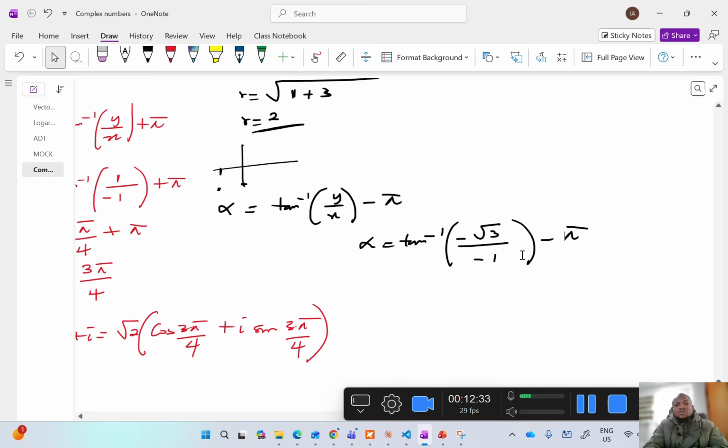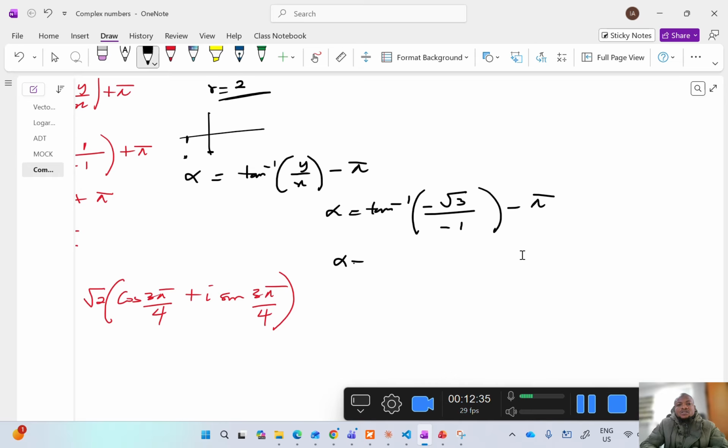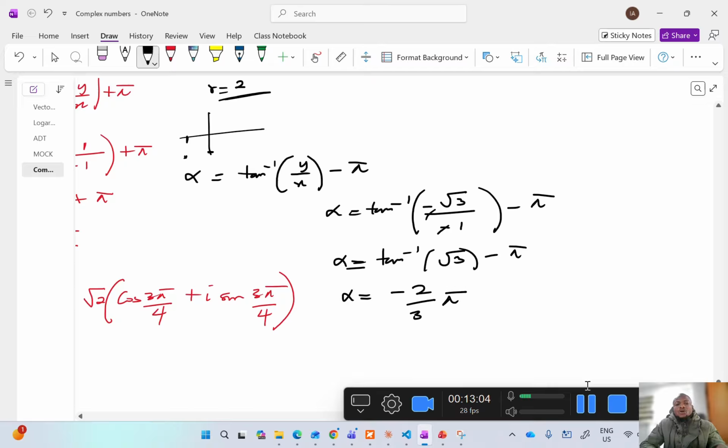Minus cancels minus, so alpha is arctan of root 3 minus pi. Don't forget your calculator should be in radian. Arctan of root 3 is 1 over 3 pi, then minus pi is minus 2 over 3 pi. This is the value for alpha.